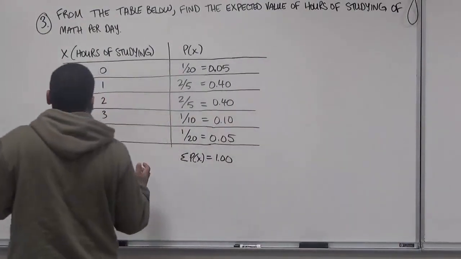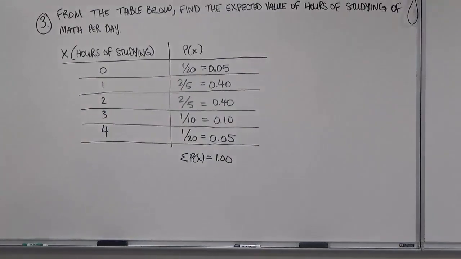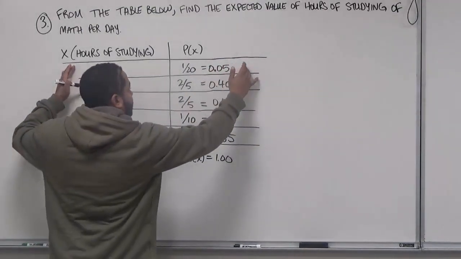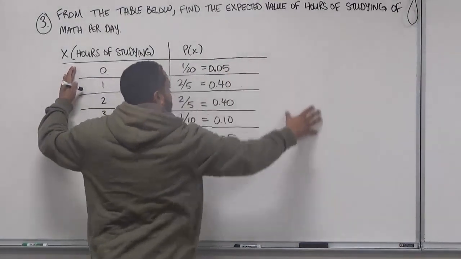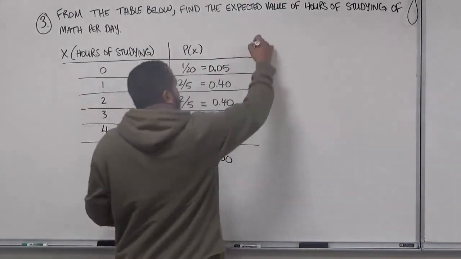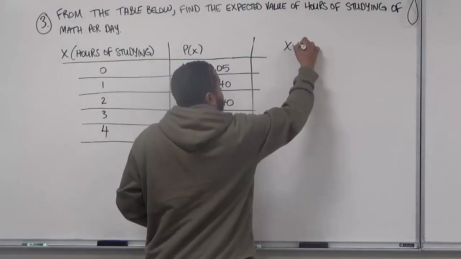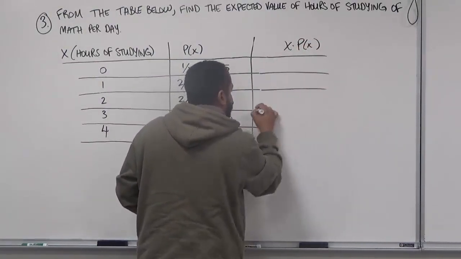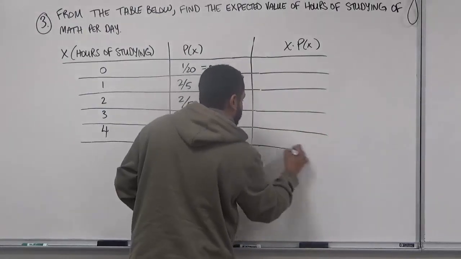Now the next component of finding the expected value is pretty simple. We just want to take every value of X and multiply it with every value of P of X and make a column for it right next to it. So we'll call this column X times P of X. And when we get the sum of this column, we'll have our expected value.